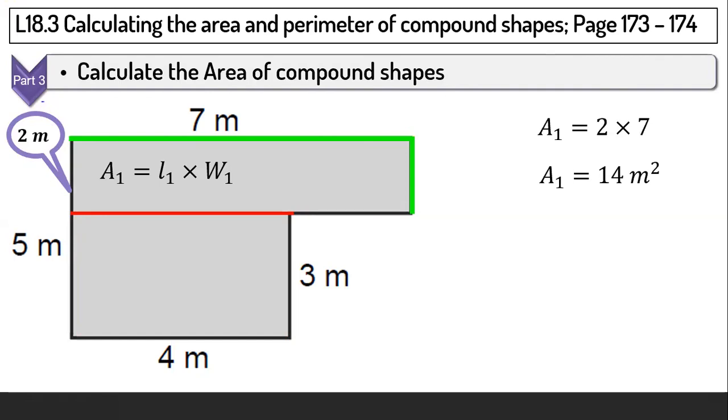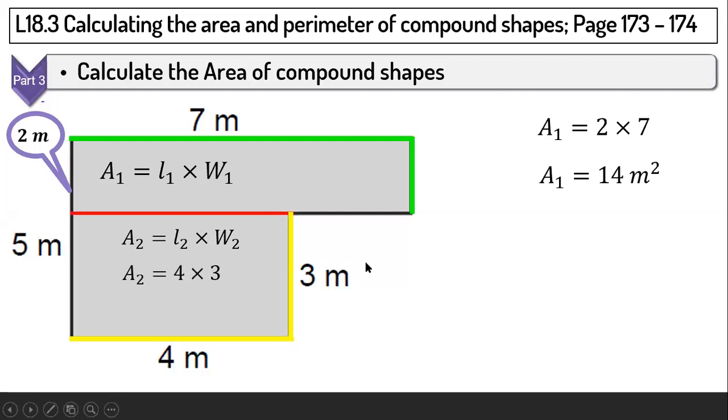Now I want to find area 2. In area 2, what's my length? It is the 4. What's my width? It's the 3. You're not using the 5. You only used it to figure out this one here. The length here, the width here. So the area will be 4 times 3, which means 12.